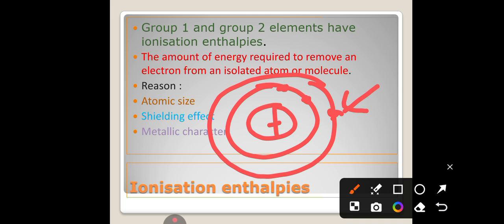Here primarily we're talking about the valence electron. The energy required to remove the valence electron from its outermost orbit is the ionization energy. This energy goes on increasing as we go from left to right, across the period. If I compare lithium with neon, neon will have the highest ionization energy and lithium the least.